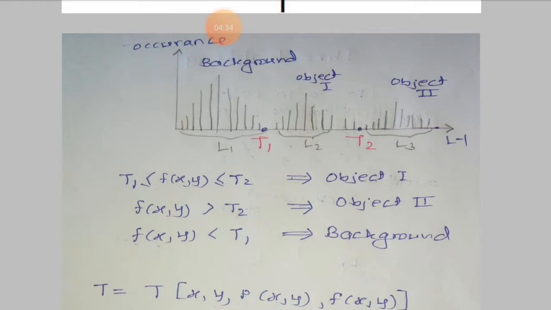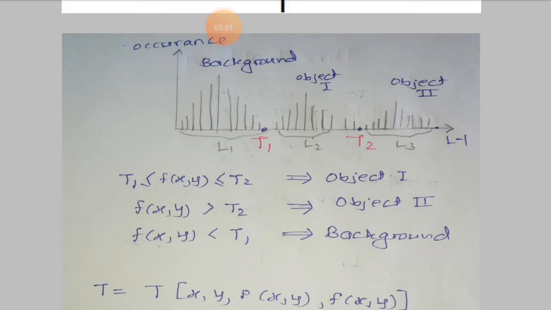So L1 belongs to the background, L2 gray level values belong to object 1, and L3 gray level values belong to object 2. So we have to set two threshold values. T1 is in between object 1 and the background, and T2 is in between object 1 and object 2.